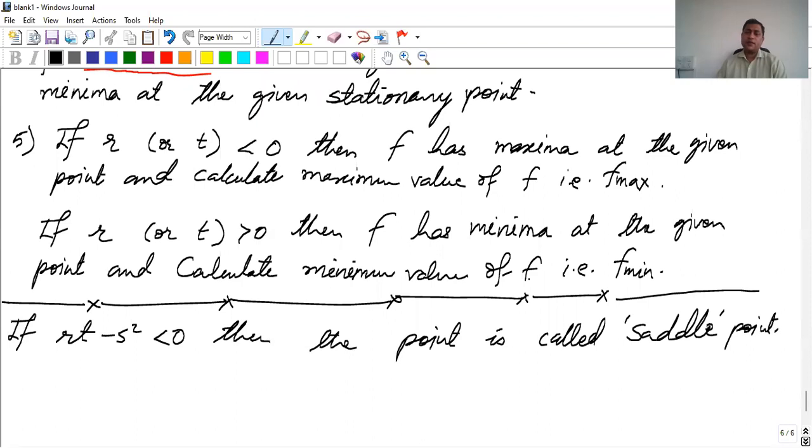So if we are getting RT minus S square less than 0, that means there is no maxima or minima. Such a point is called a saddle point.